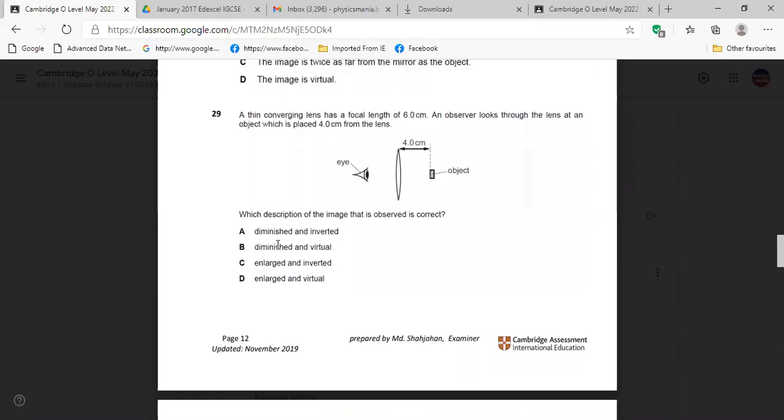Check where the object is very close to the lens.